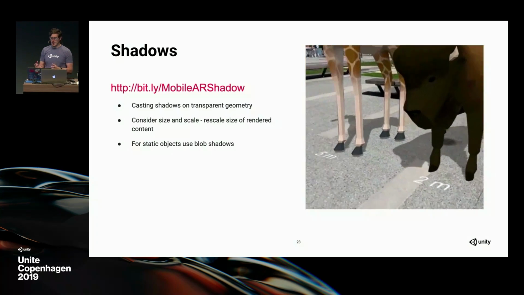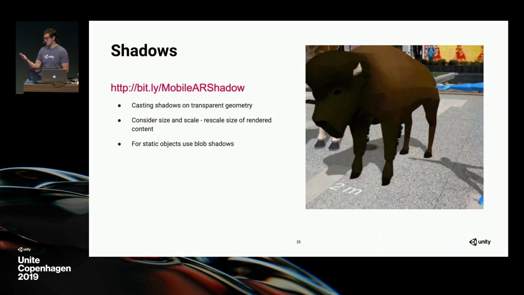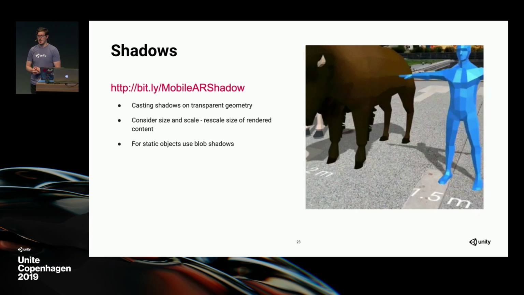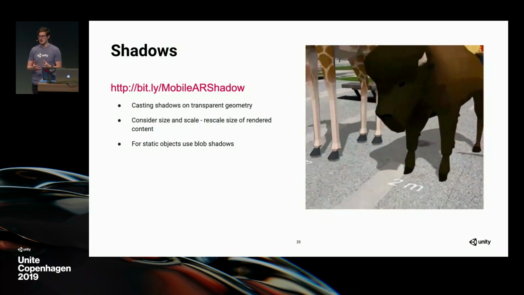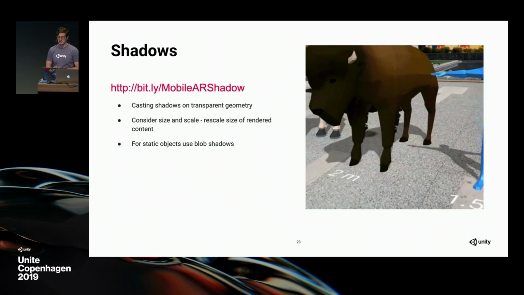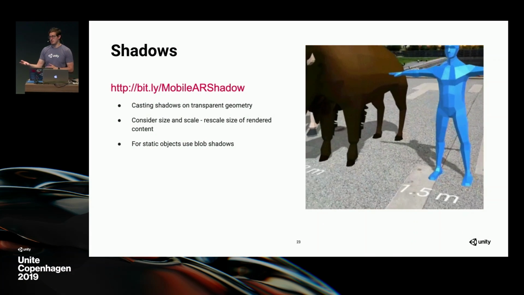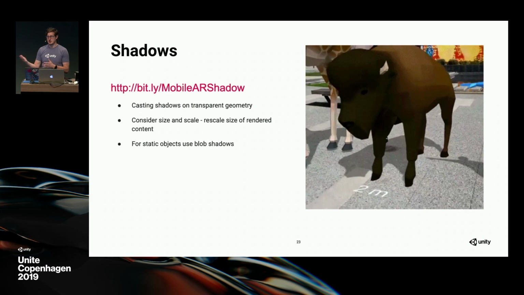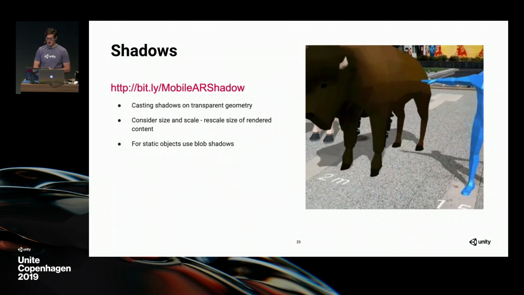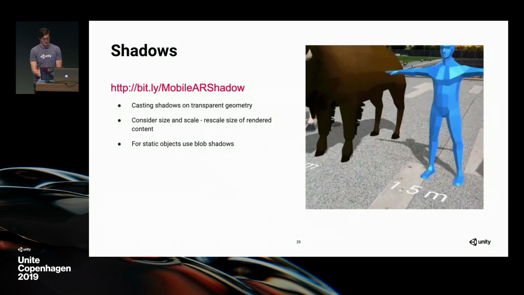For static objects, or anything you're placing that's not going to be dynamic, I highly recommend using different techniques like blob shadows. You can either create the shape or a generic circle around that object to help it feel more grounded in the experience.